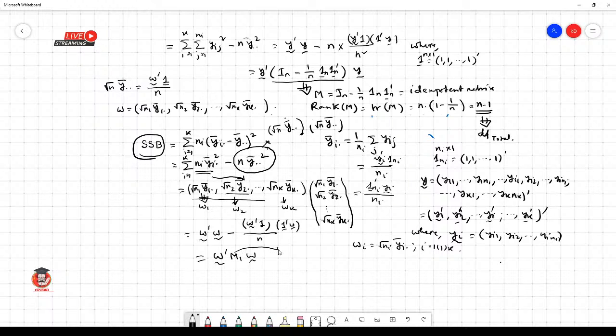So please find M1, which is nothing but a complete symmetric matrix. Check that.